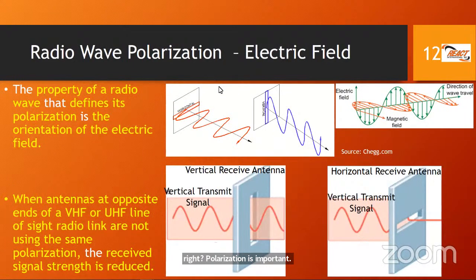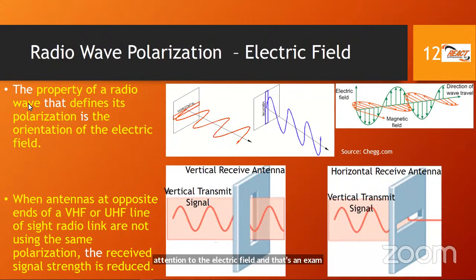So when we talk about radio wave polarization, it's the electric field that we're talking about. And here's this trusty diagram again, showing that when you have a radio wave or electromagnetic wave or RF that's leaving an antenna, there are two components. You have the magnetic field and you have the electric field. And whenever we talk about the polarization, we pay attention to the electric field, and that's an exam question.